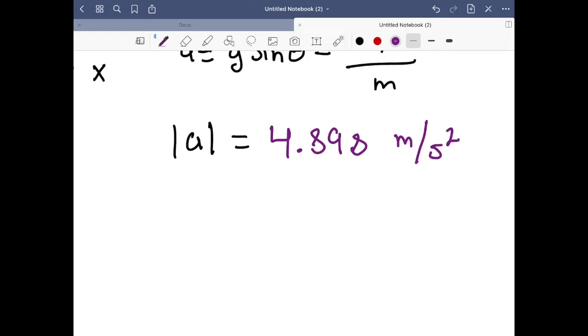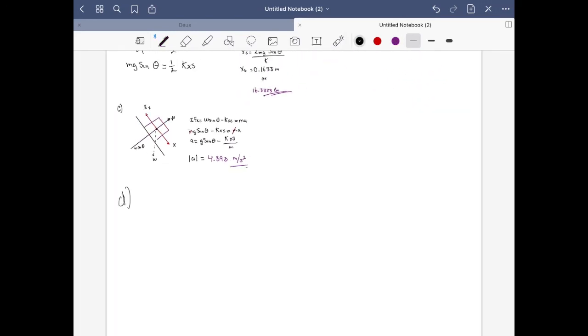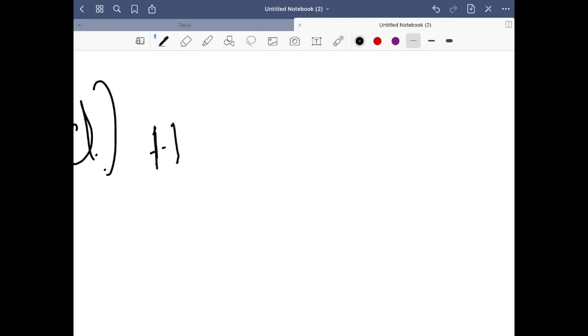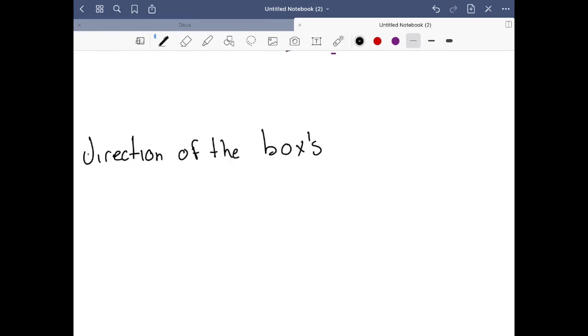And for the last step, we simply change the terms by their values, and we have that the magnitude is equal to 4.898 meters per second squared. And for part D, which asks us about the direction, we can see that the magnitude is positive.